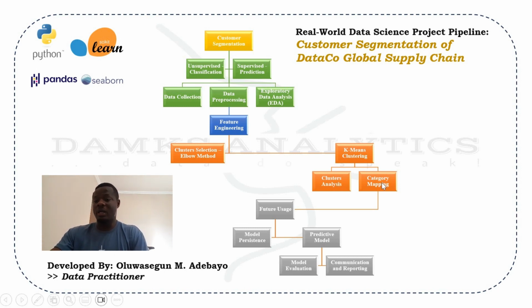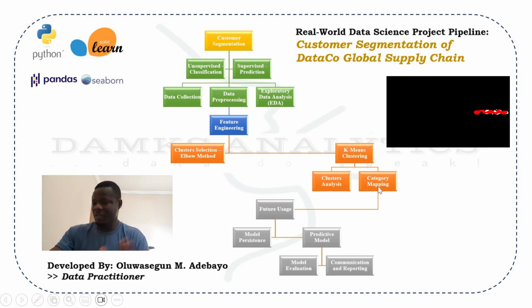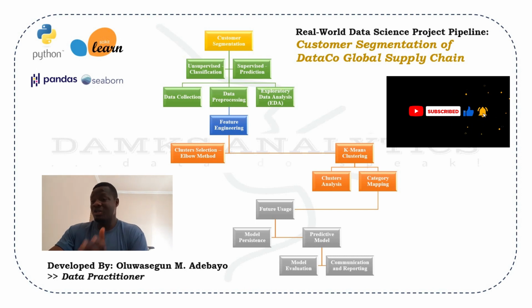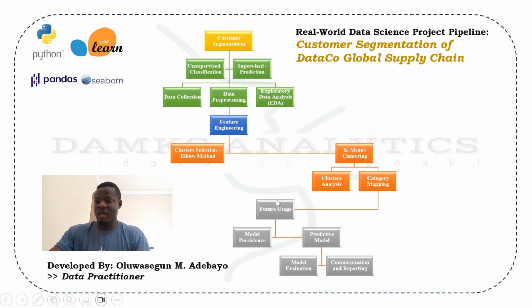Then we go on to do category mapping, so we move from the numerical clustering to a particular name we want to give to each of the customers. Then we go on to develop a predictive model for future usage.